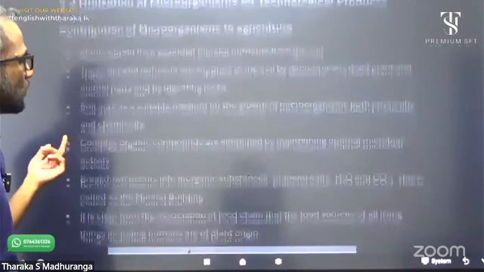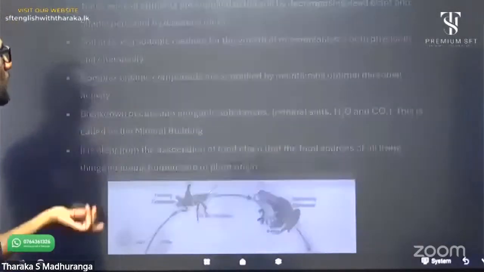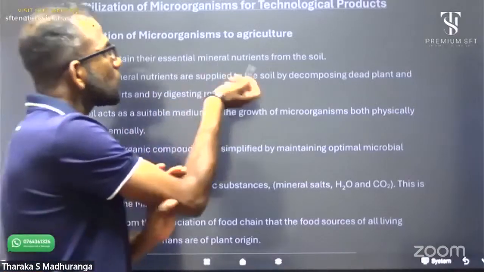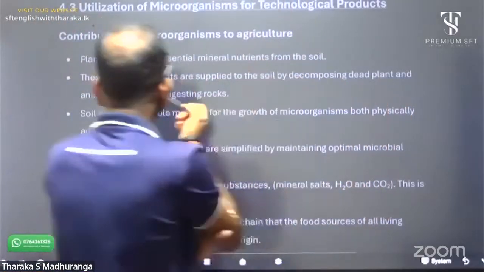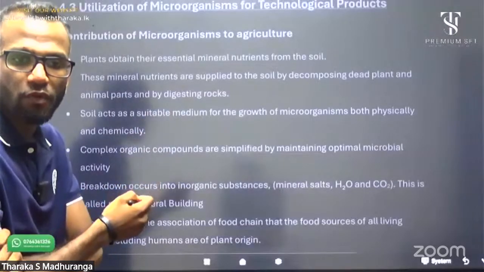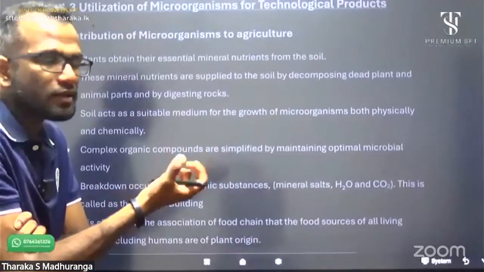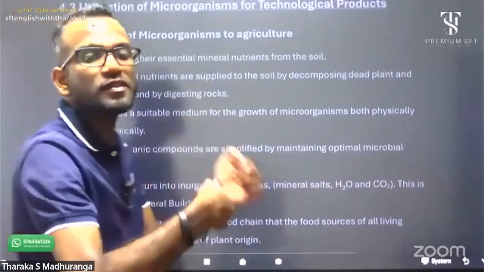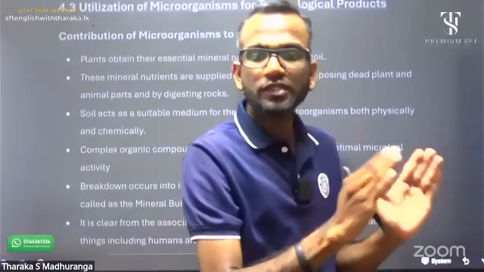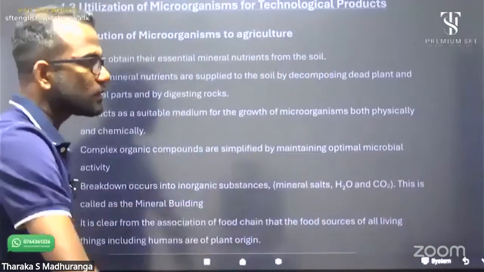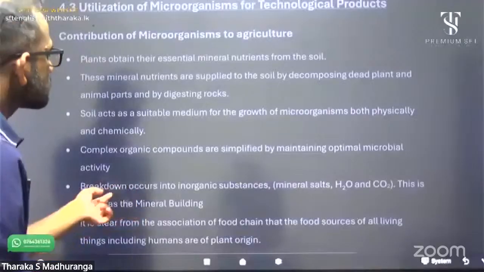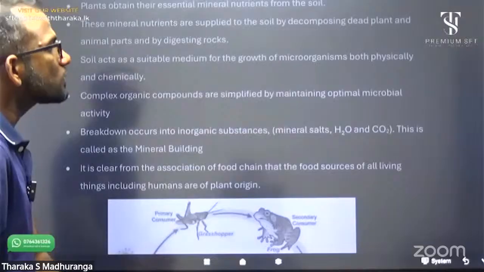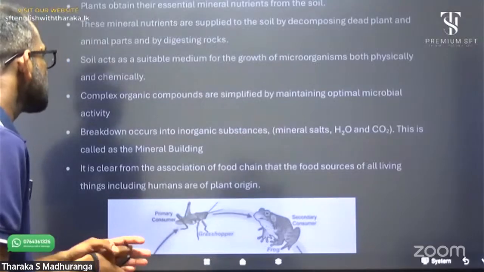To keep this, mineral nutrients are supplied to the soil by decomposition of dead plant and animal parts. Right? Dead plant and animal parts digested by microorganisms are mixed with soil. That's why the nutrition level of the soil fertility is made. Soil acts as a suitable medium for growth of microorganisms both physically and chemically.